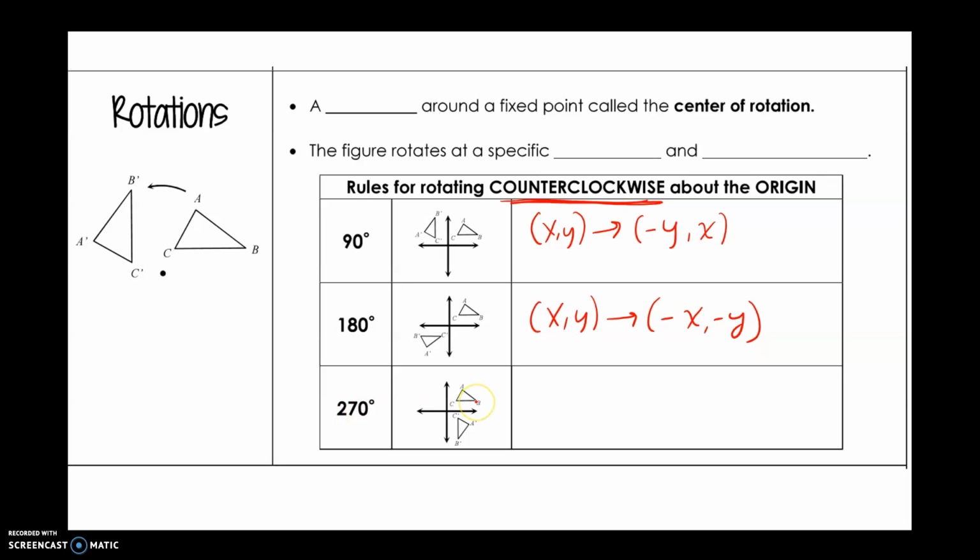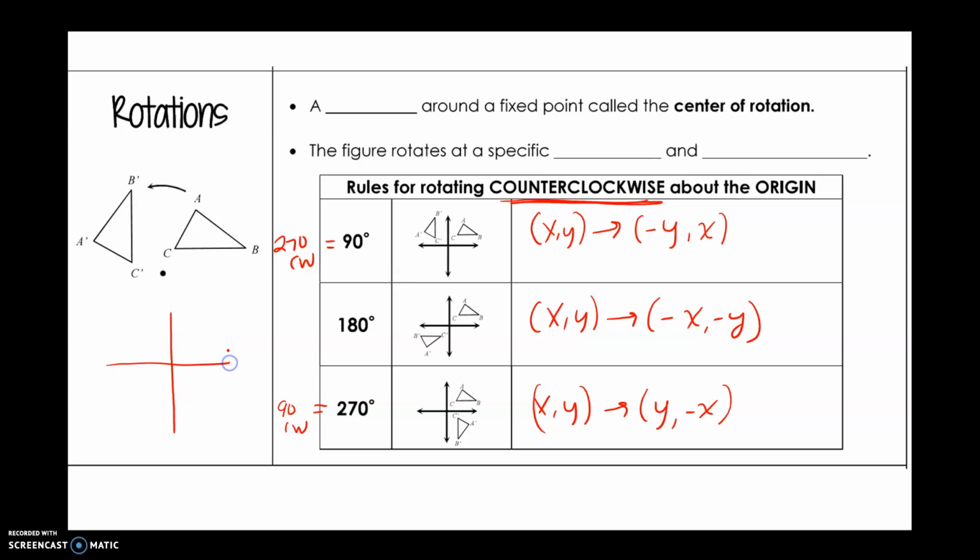And my 270 counterclockwise is going to give me y, negative x. Now remember, our 90 degrees counterclockwise is the exact same thing as saying 270 clockwise. The 180 doesn't matter because you're just going to end up in the opposite quadrant anyways. And then 270 counterclockwise is the same thing as saying 90 clockwise.